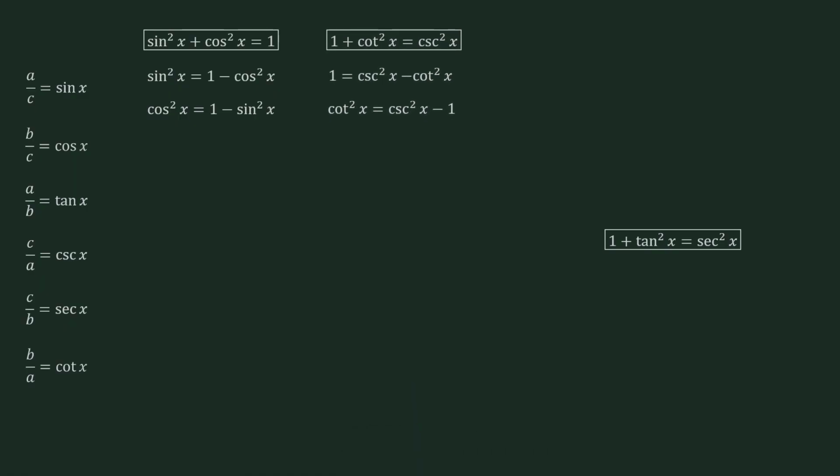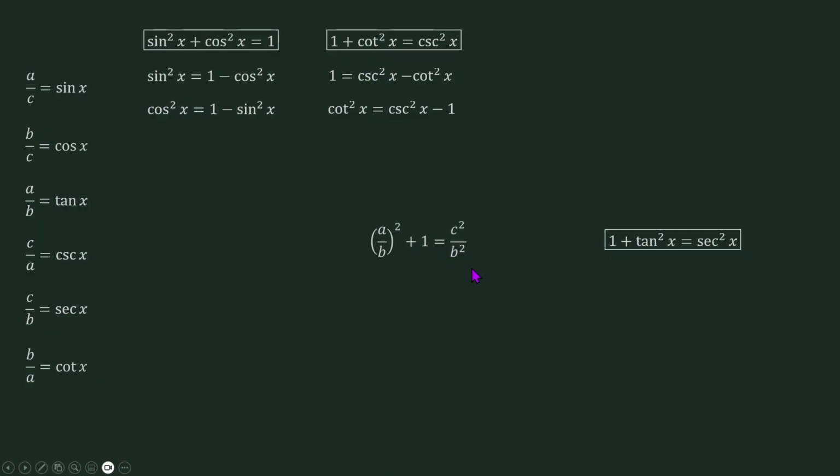So lastly, for this equation, we will go back to the Pythagorean theorem and we will divide both sides by b square. So divide both sides by b square, and this term will be separated, and then b square over b square will become 1. And then a square over b square will become a over b square.